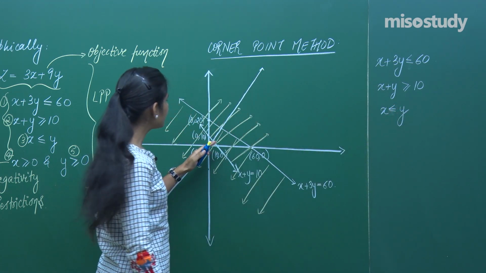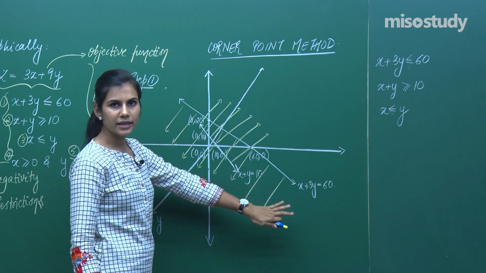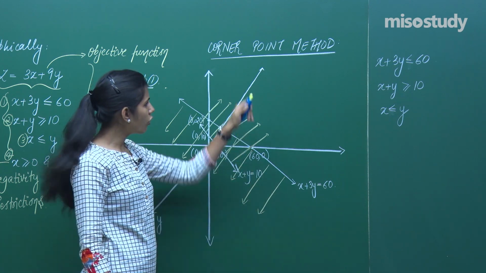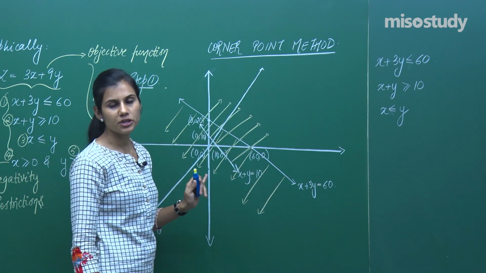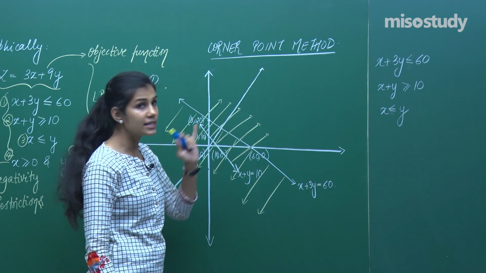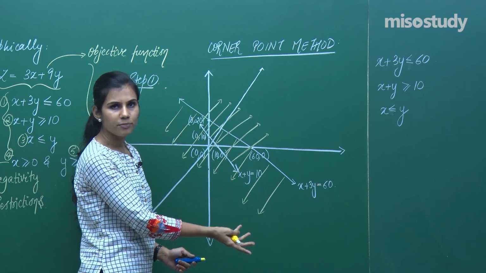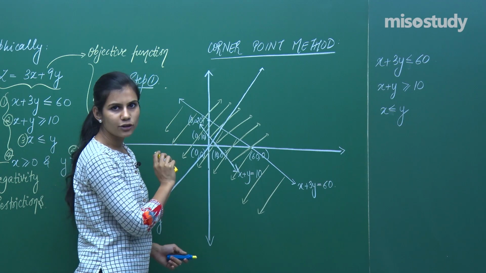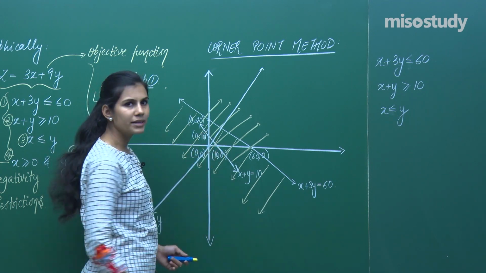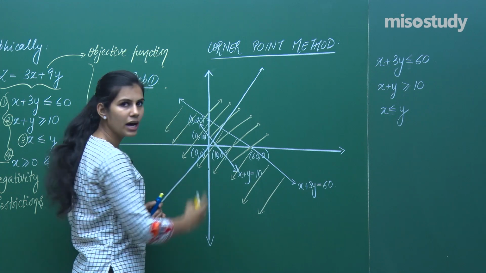This line is again dividing the entire coordinate plane into two half planes. Which half plane, along with points on the line, is going to be the region represented by x less than or equal to y? Pick up a point lying on either of the half planes. Let me say on this side of the half plane, pick up a point, say (0, 10). It is lying on this side of the half plane.